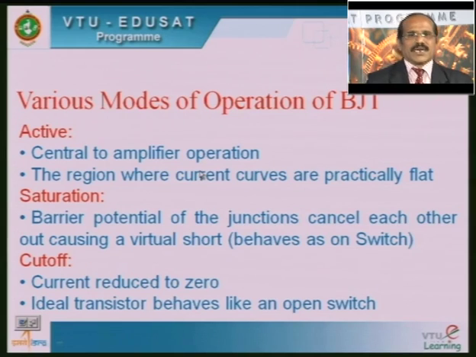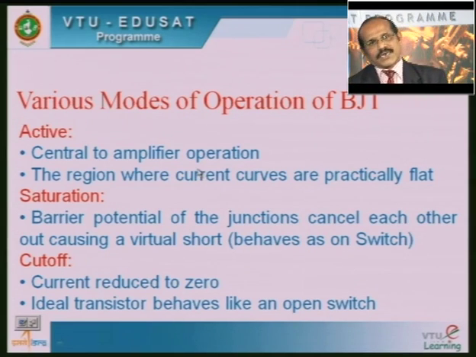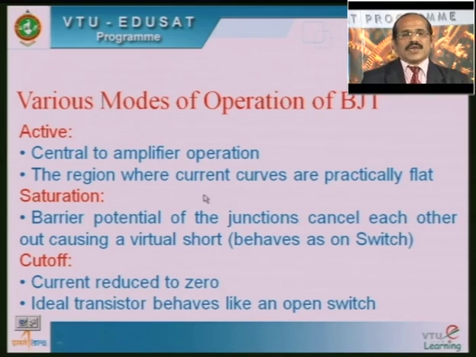What is the feature? One, the current curves are practically flat, and also there is equal distance between neighboring current curves. As far as the saturation region is concerned, the barrier potentials of the junctions cancel each other, causing a virtual short. That means the bipolar junction transistor acts as an on switch or closed switch.